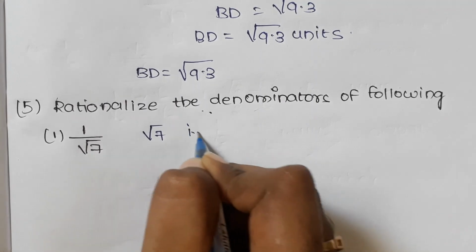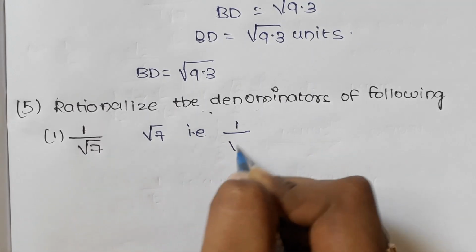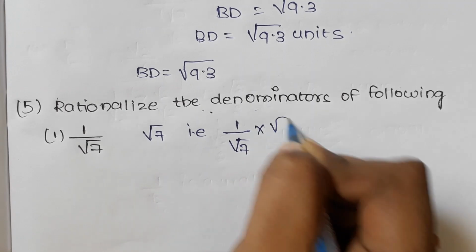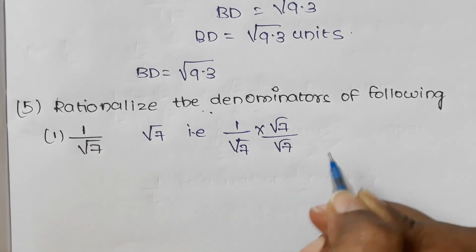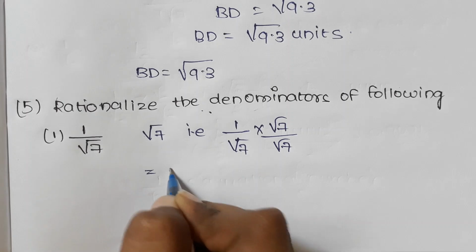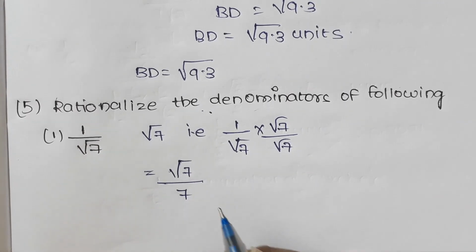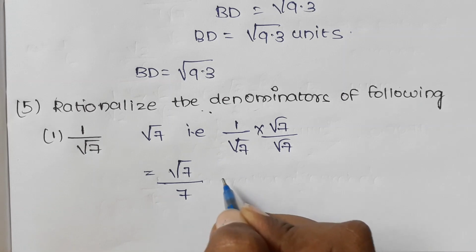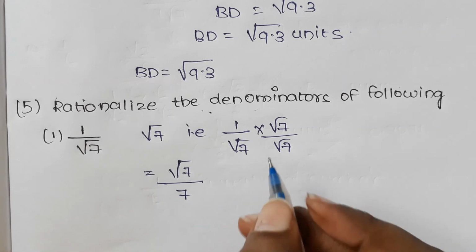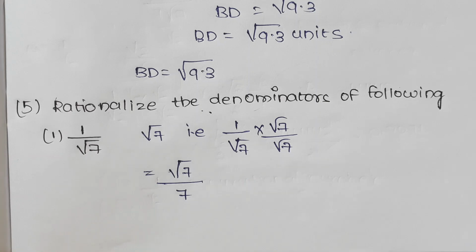That is 1 by root 7 into root 7 by root 7, and from this we will get root 7 by root 7 into root 7, which is nothing but 7. This is the rationalization of the given number 1 by root 7, and this is how to rationalize the given number.